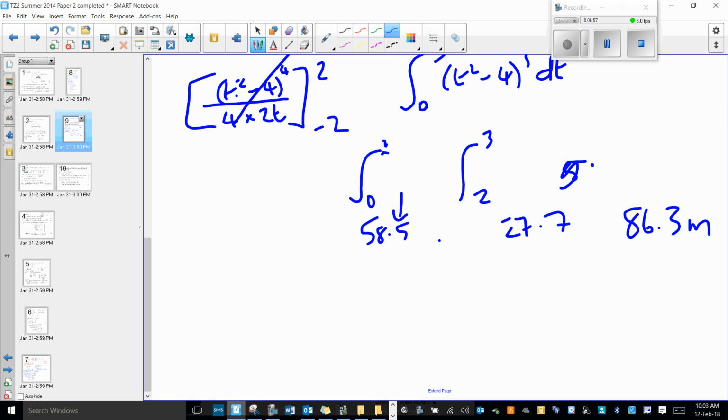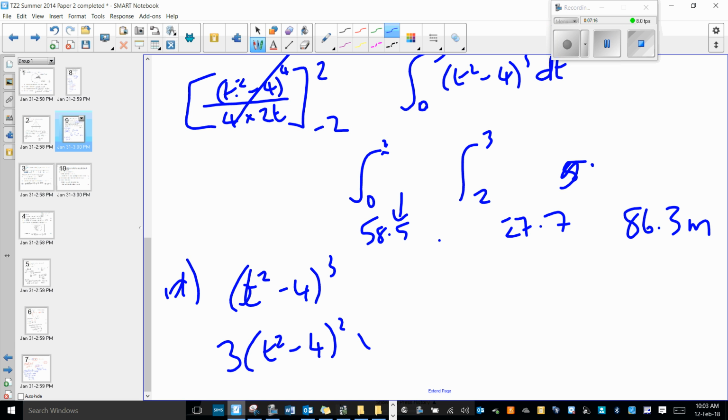This is part D. We've got t squared minus 4, cubed. So the power comes in front, taking off a power and then multiplied by the derivative of what's inside. So 6t times t squared minus 4, squared.